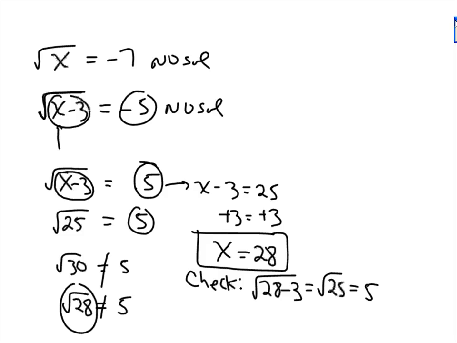But remember, this was not x. This was x minus 3. If x minus 3 was 28, then x must have been 31. After all, 31 minus 3 is 28. Okay, now that I confused you, let's do some more.